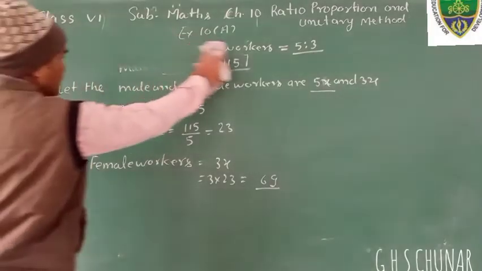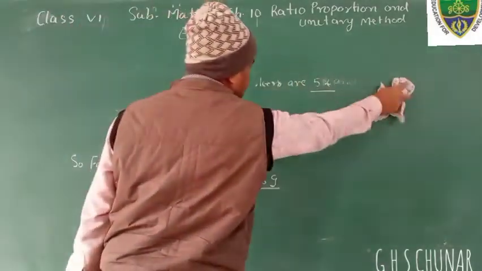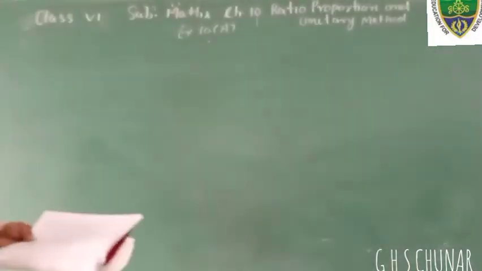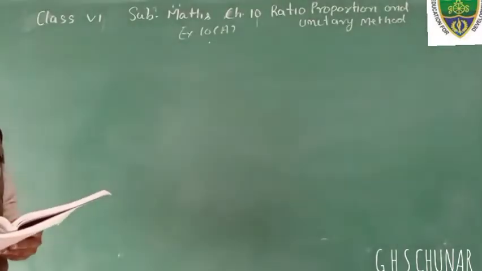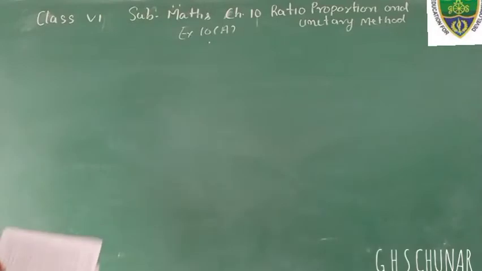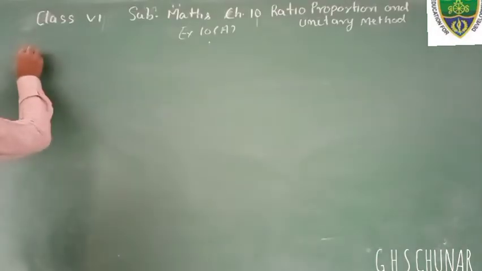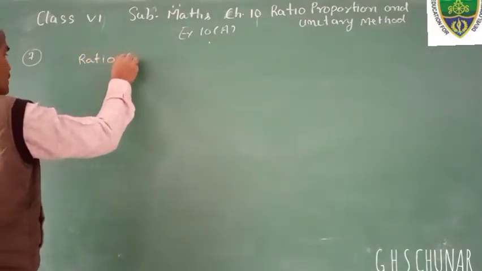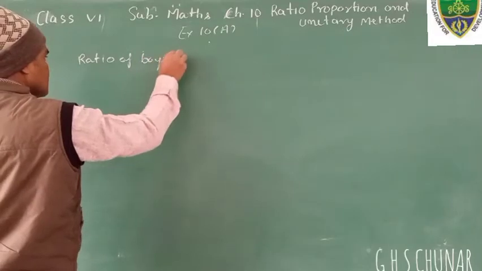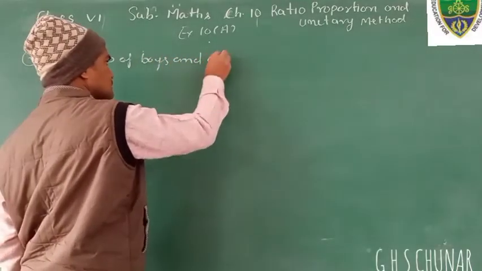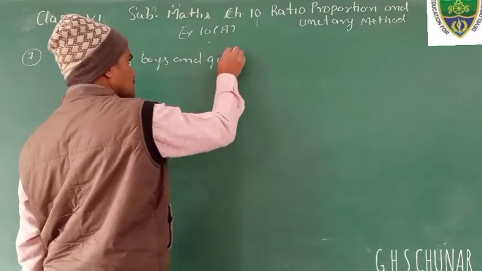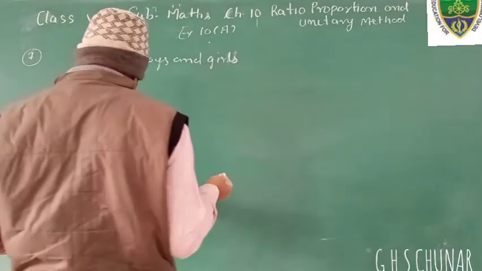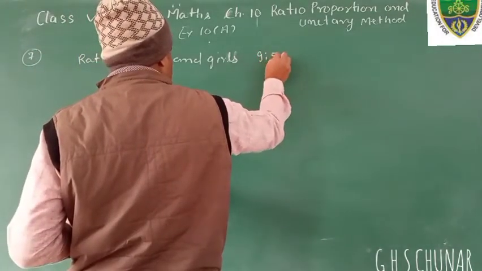Okay, now we come to the next question. In the next question, that is question number 7, the boys and the girls in the school are in the ratio of boys and girls, that is 9:5.